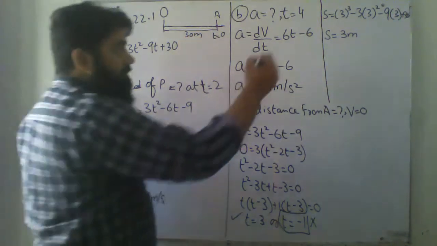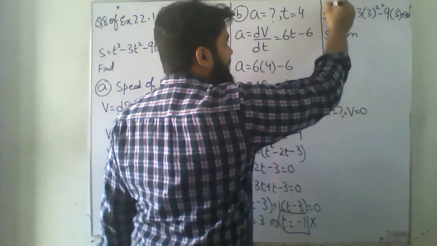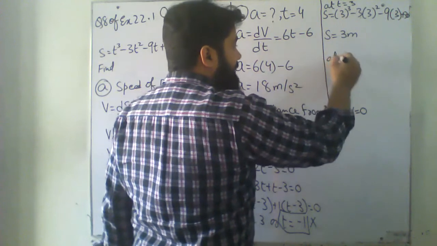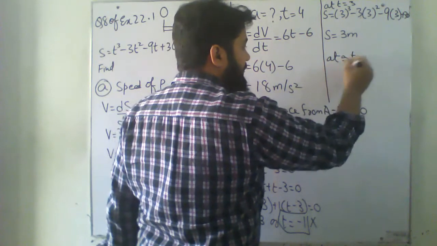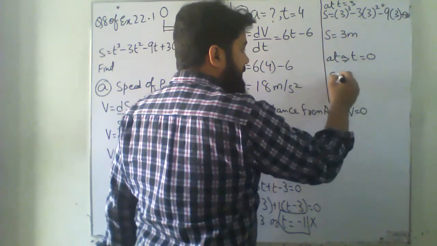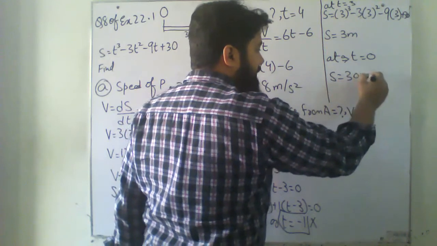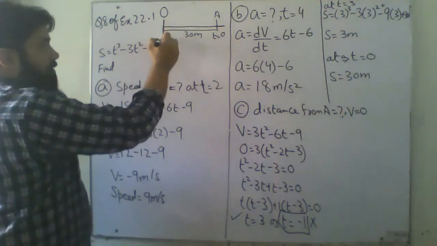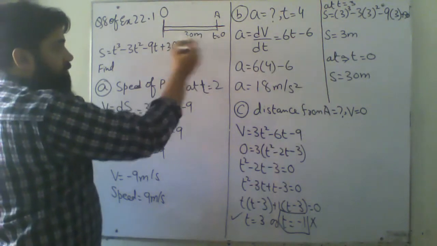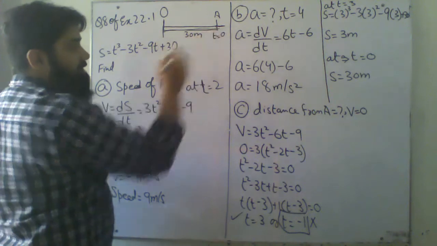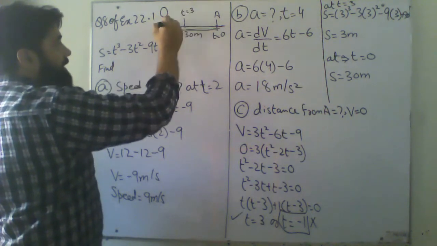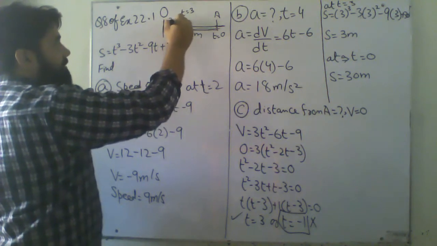So at t equals 0 seconds, the displacement from point O is 30 meters, and at t equals 3, the displacement is 3 meters.